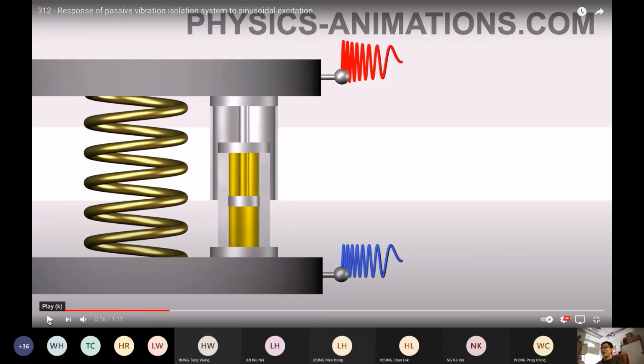So up to now, we can see input is a sine function. Output is also a sine function.